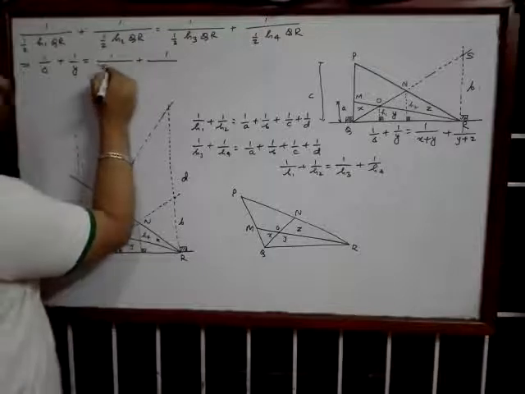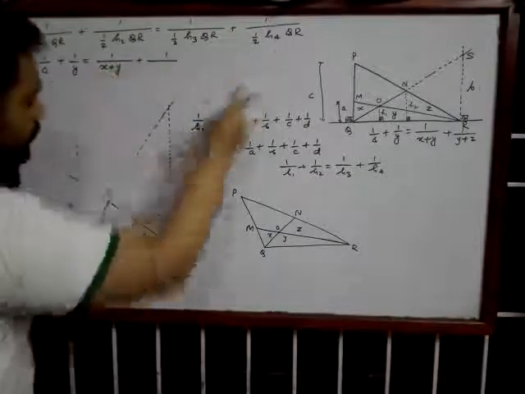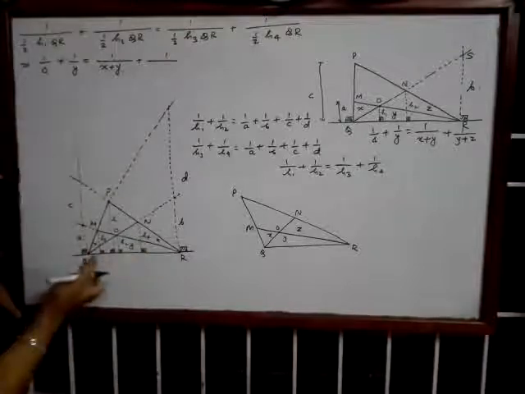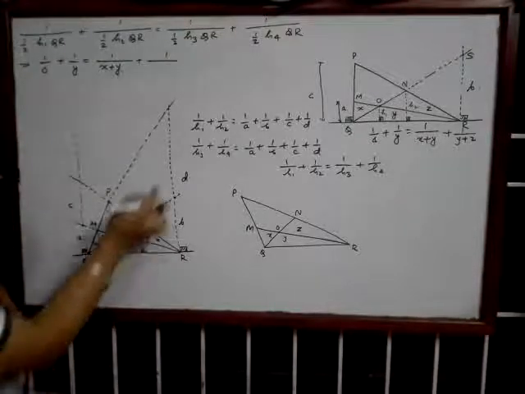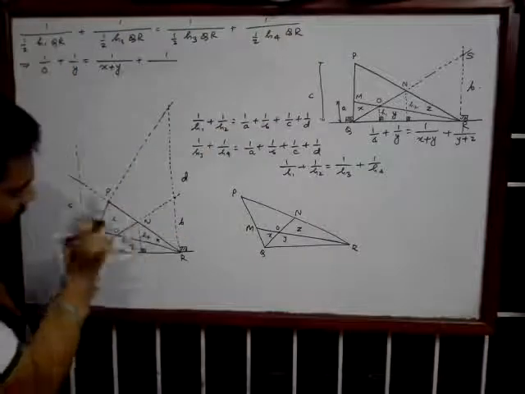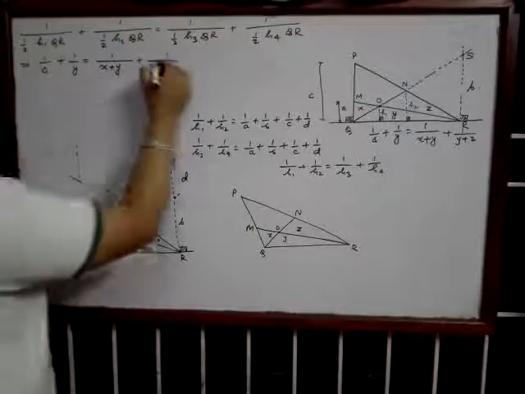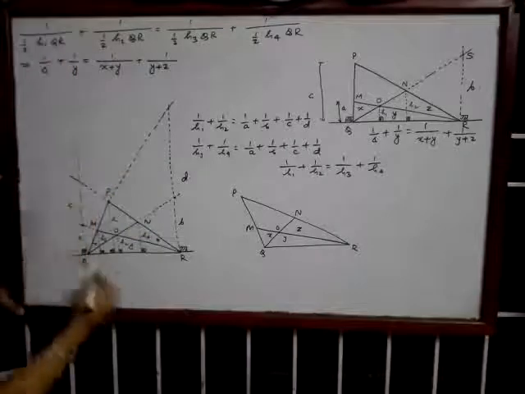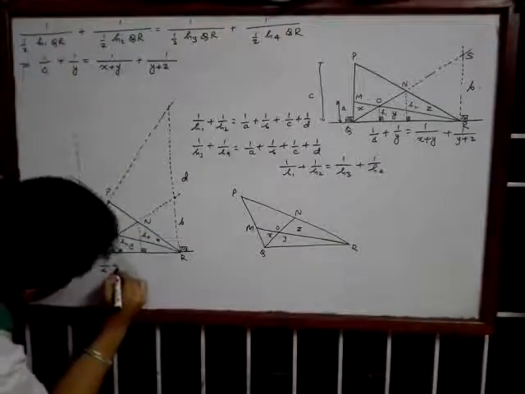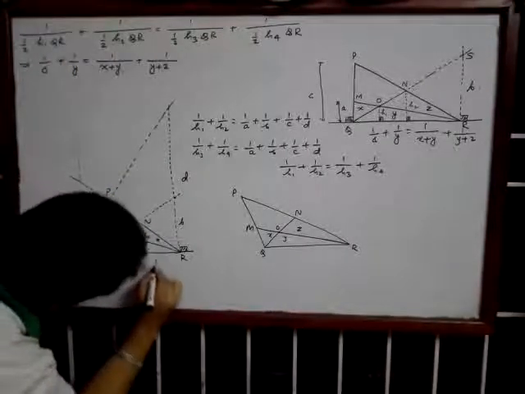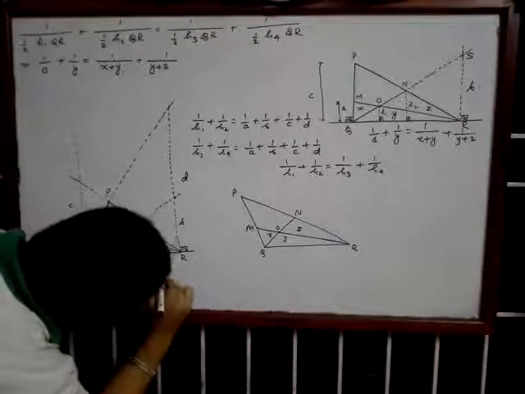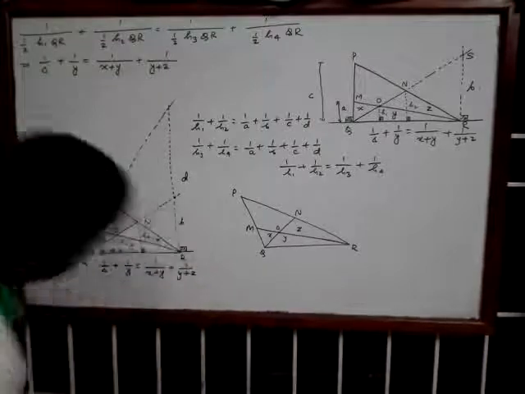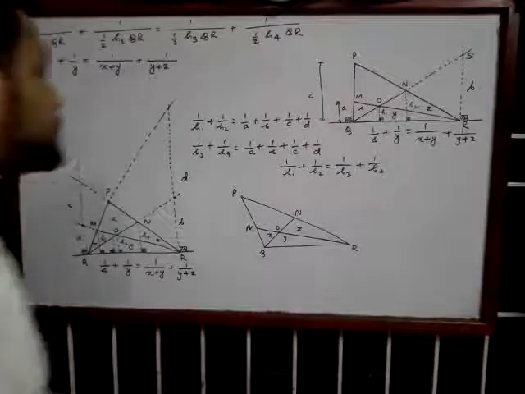H4 QR means this triangle, whose area is Y plus Z. Wow. So for this triangle also, the result holds. Good.